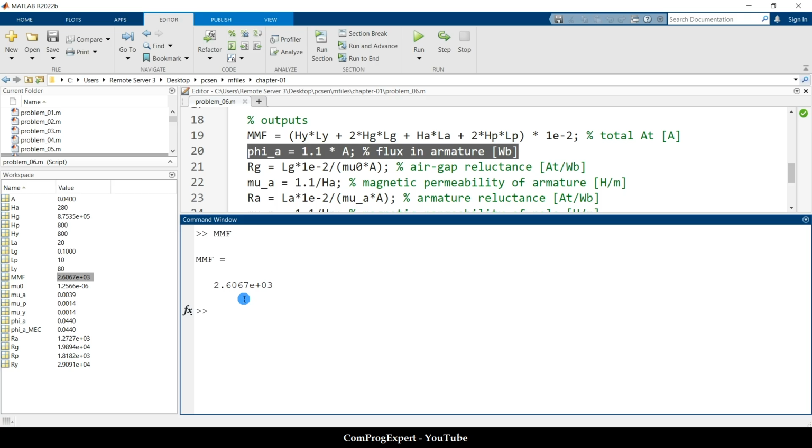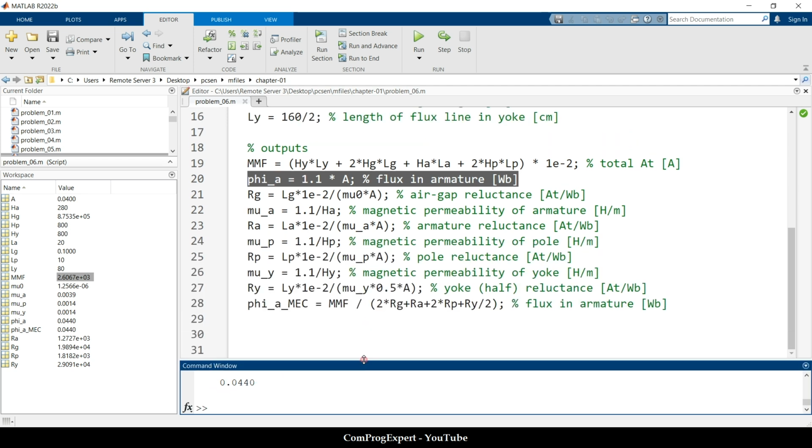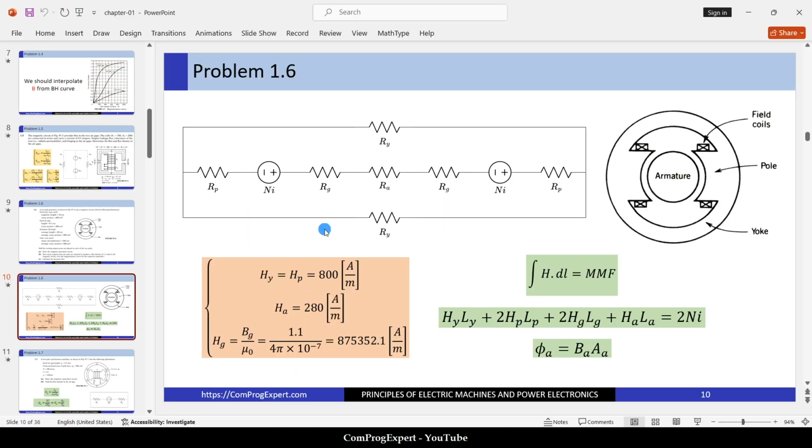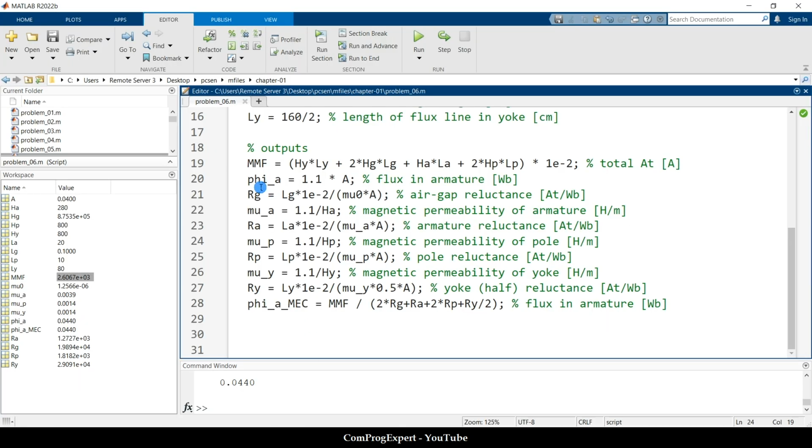And the value of the phi armature is 0.044 Weber. So now let's calculate the value of reluctances and solve this magnetic equivalent circuit, calculate the armature flux and compare with the number that we calculated here.